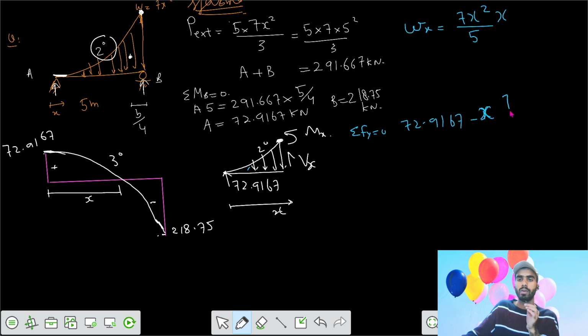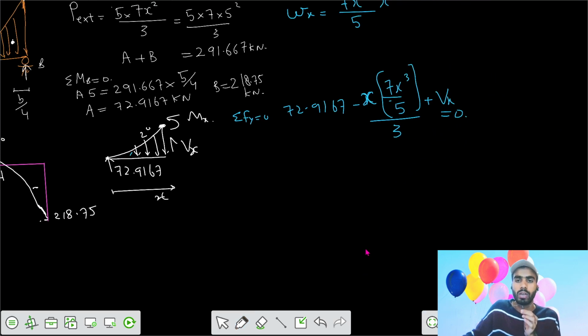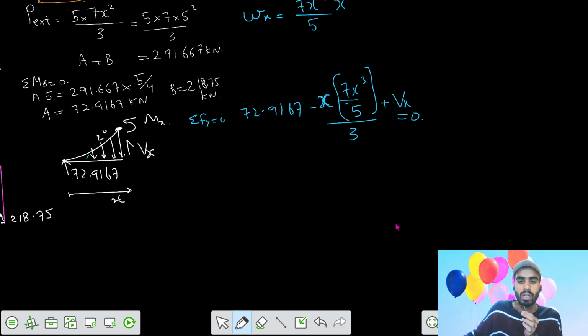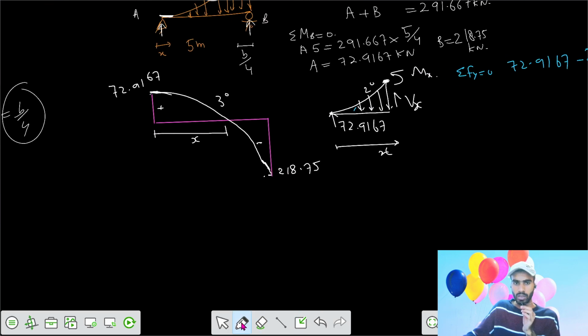So we get 7x cubed by 5, and this was your area BH by 3. And we have upwards shear force Vx equals 0. For shear force to be 0, x comes out to be 3.149 meter. So your shear force is 0 at 3.149 meter from your support A.